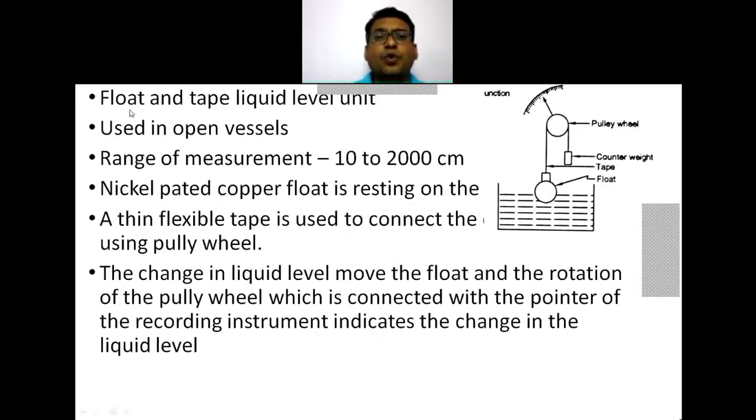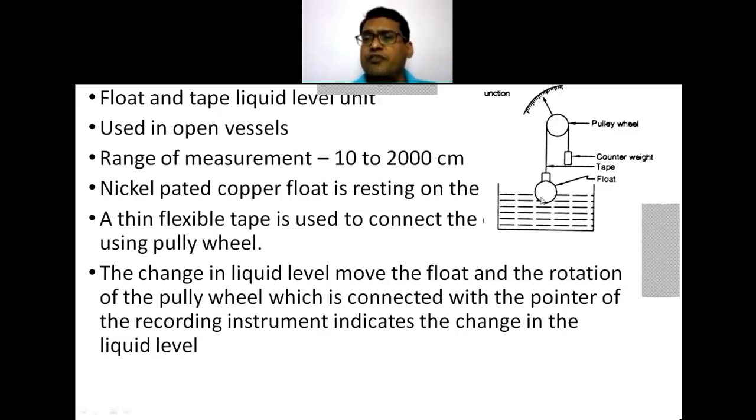Then next is the float and tape liquid unit. A tape is provided, with a float ball valve, or a rectangular or square float can be used, but it is connected to a tape, which is counterweighted by changes in the pulley. You can measure the level inside this tank.